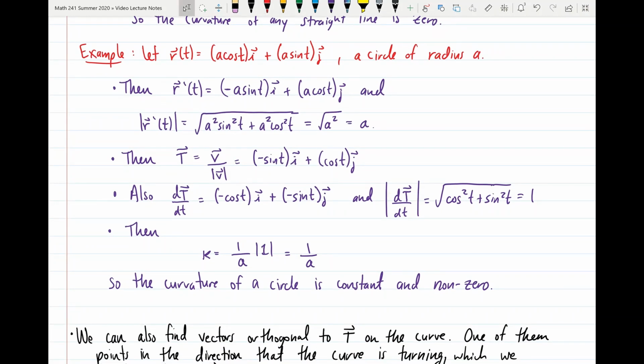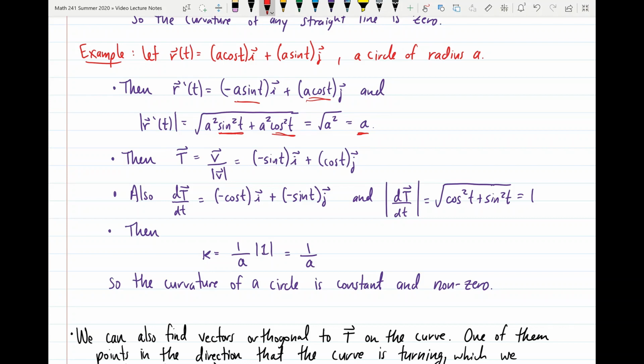But if we have this curve r, then r prime of t in this case will equal negative a times sine of t i plus a times cosine t j, and we can take the magnitude of r prime of t as well. Ultimately, we use a trig identity, the fact that sine squared of t plus cosine squared of t is 1, to find that the magnitude of r prime of t is always equal to a, the radius of the circle.